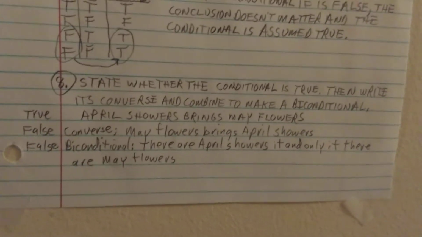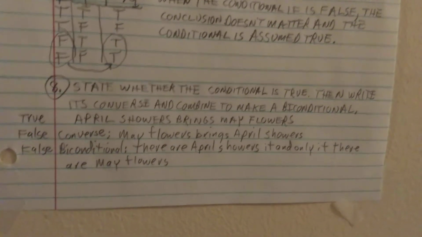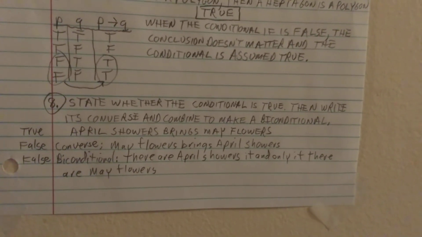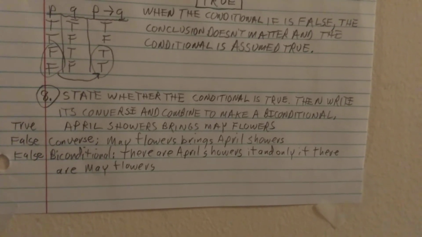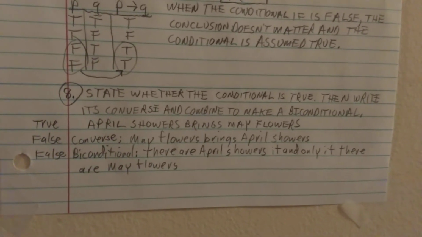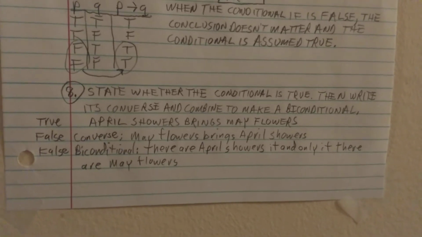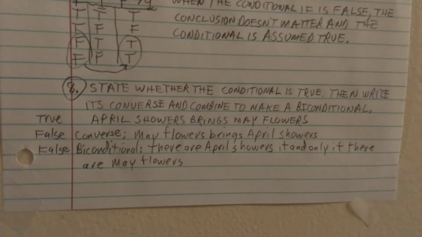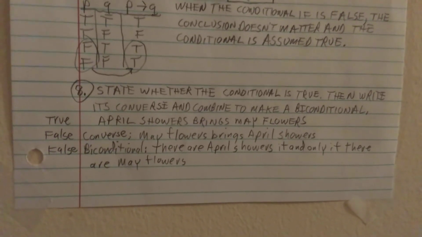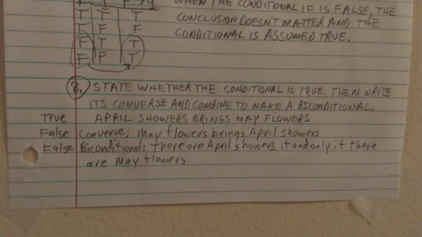Now on 8 it says, state whether the conditional is true, then write its converse and combine to make a biconditional. So April showers bring May flowers is true, that's the conditional: if it showers in April, then it brings May flowers.